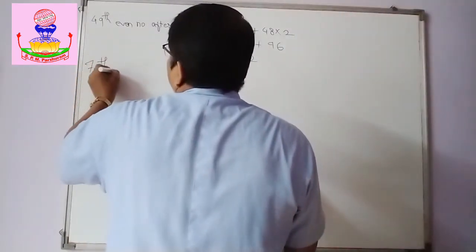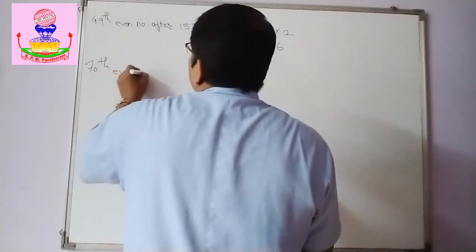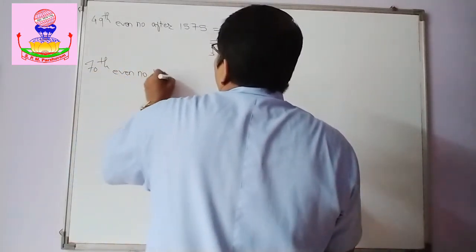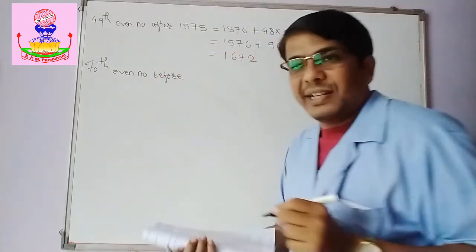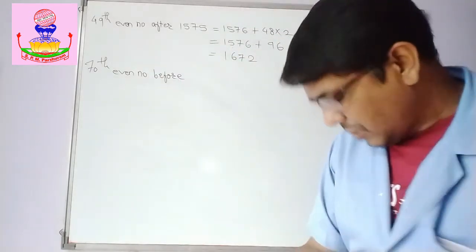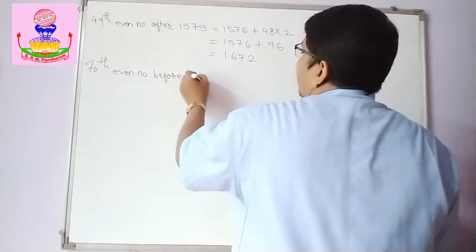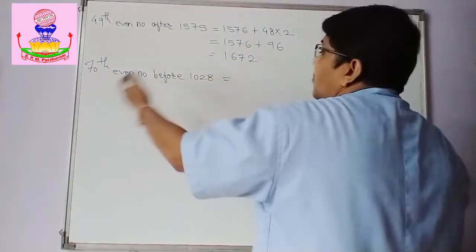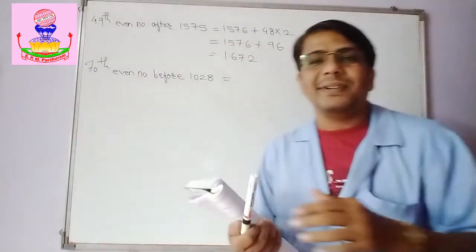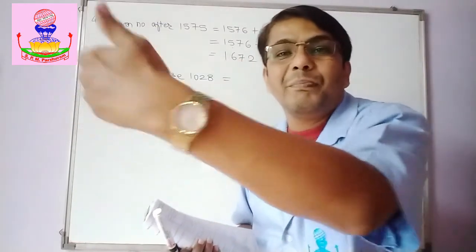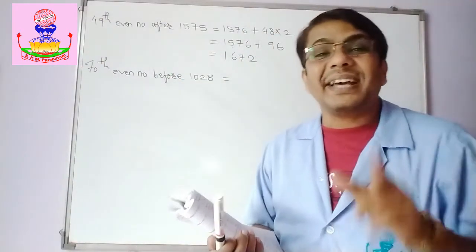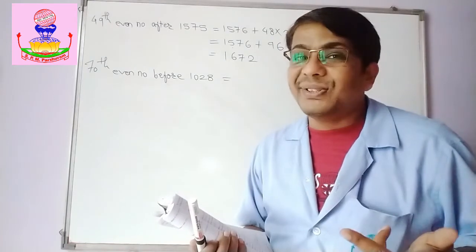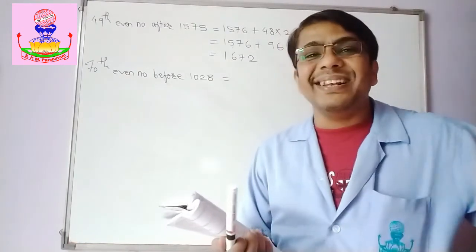The 70th even number. How much? The 70th even number before 1028. Here it says before, which means the numbers which come before 1028, that I have to find. So what will I do?